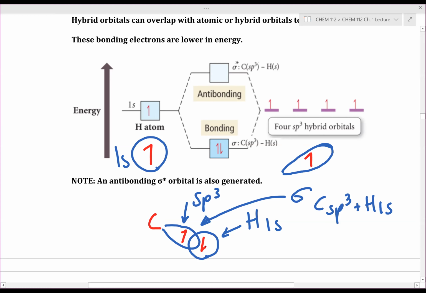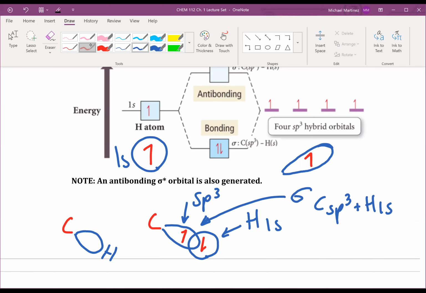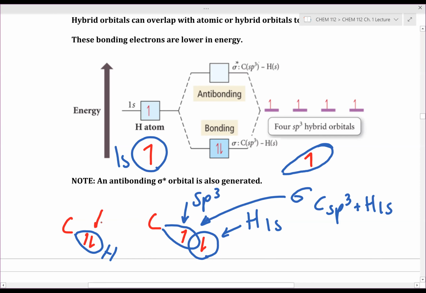To draw out the formal sigma bonding MO, we'd instead draw a single region of electron density between carbon and hydrogen containing 2 electrons. And this would be our sigma carbon sp3 plus hydrogen 1s. And the overall molecular orbital has energy based on the combined hybrid and atomic orbitals.